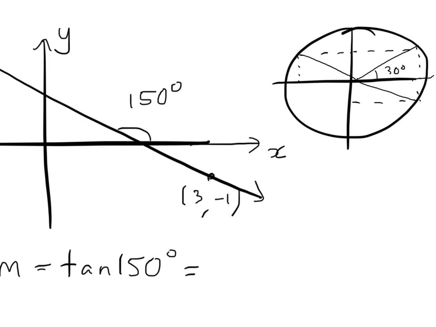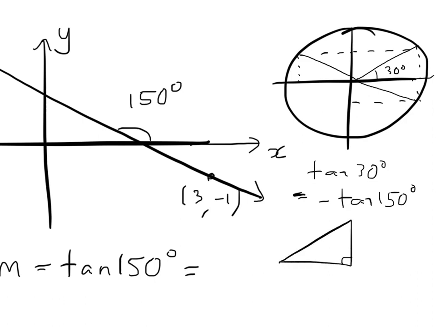So I reckon that tan of 30 and tan of 150 are related in that tan of 30 is negative tan of 150. Or if you say it the other way around, tan of 150 is negative tan of 30. So what's tan of 30? Okay, here's my triangle.